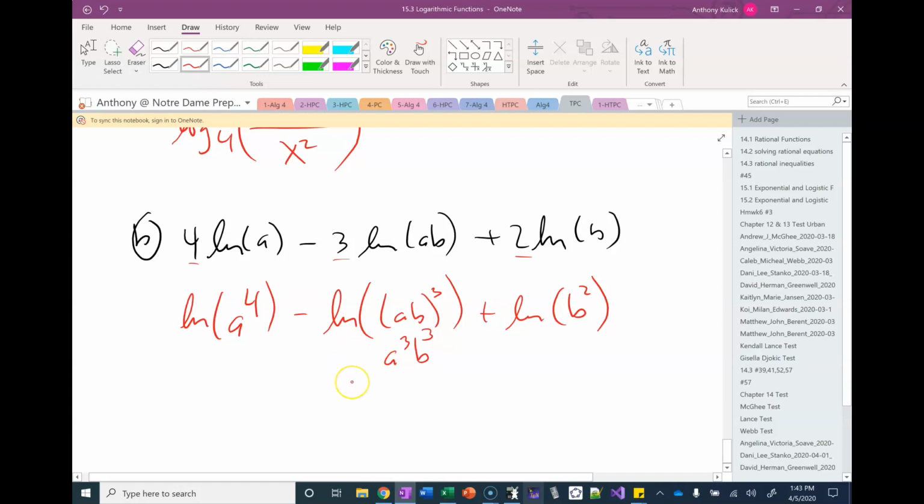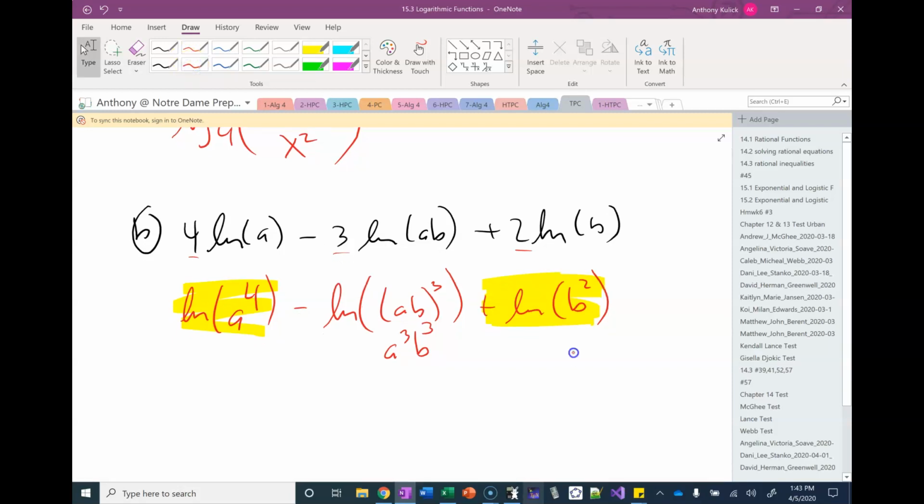Okay, so next thing I'm going to do, look for a product property. And this is kind of odd because we've written it in a funny order here. But I would have a power property going on between these two. Remember that we can add things in any order we want. So these are both positive parts. I can add them together. So that's what I'm going to do.